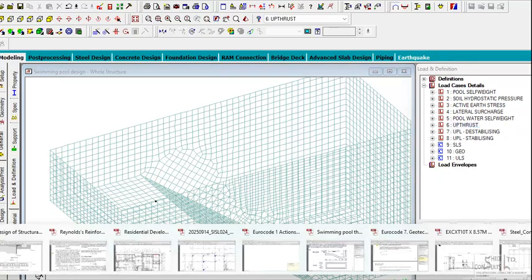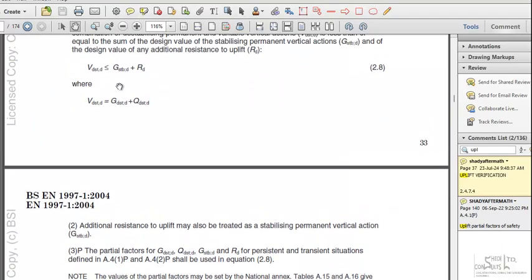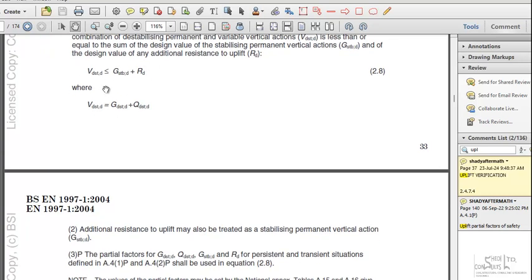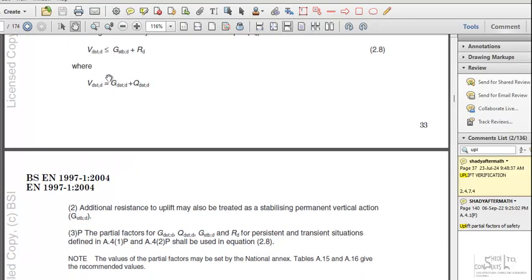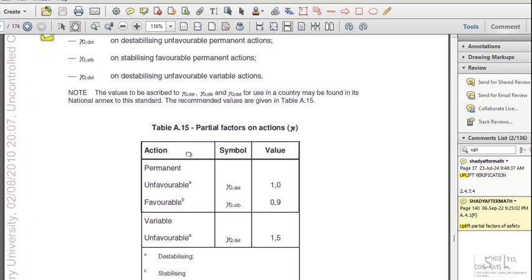Then you follow the code requirements by determining the destabilizing force, this inequality expression to be satisfied. What it says is that the destabilizing force, in this case, we don't have any live load, we have only the dead upthrust. This is the design value of the destabilizing force. Design value is the partial factor of safety times the characteristic value. The partial factor of safety is taken from table A15.